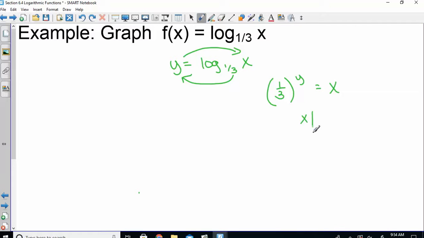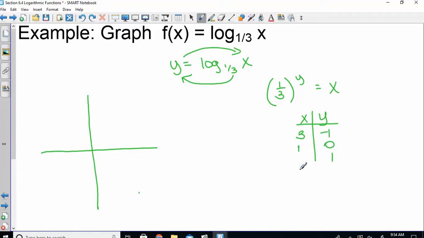So when we graph these exponentials, we do 3 points for the exponent. My exponent is y, so I'm putting in the -1, 0, and 1 for the y. What is 1/3 to the -1? 1/3 to the 0? And 1/3 to the first? 1/3.